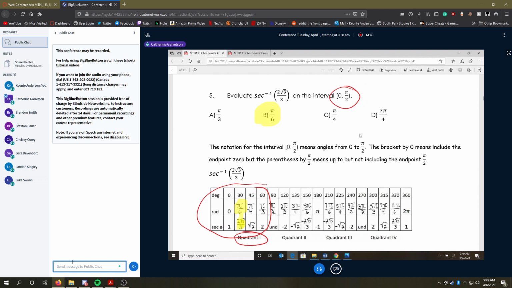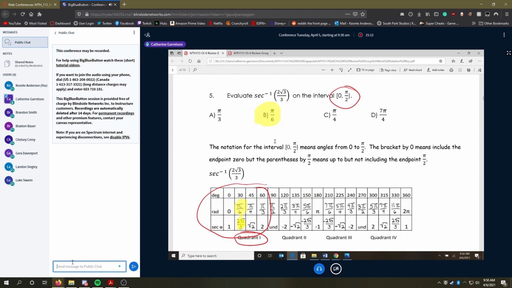By the way, I do want to bring this up, that bracket means that if the answer had been 0, I could say the answer was 0. But if the answer had been pi over 2, but they have a parenthesis around pi over 2, that means go up to but don't include the endpoint, and I wouldn't say pi over 2 because it had a parenthesis.